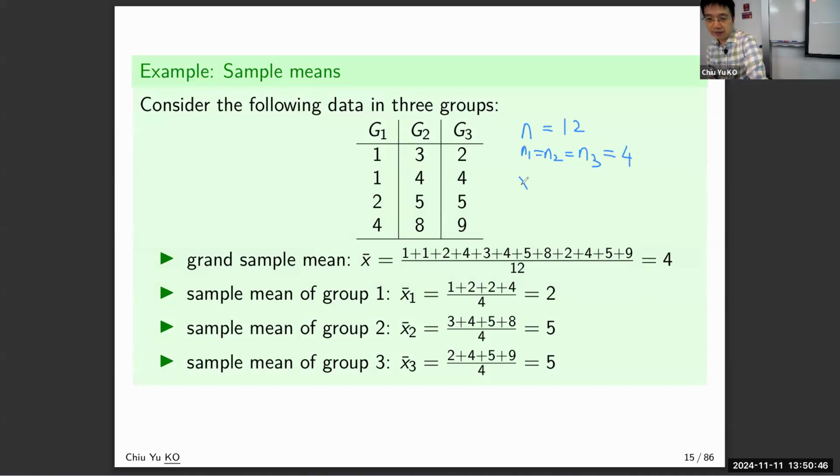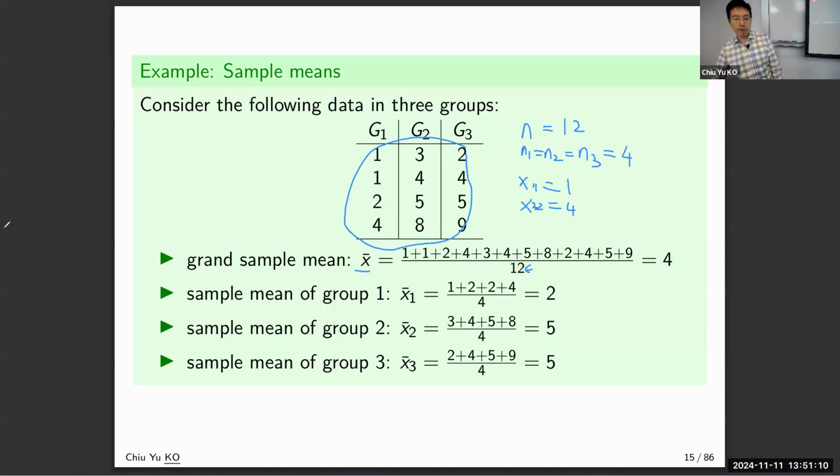And just as an example, X11 is 1, and X22 is 4, in case you don't understand the formula. I hope this explains what the formula is. The notation, you can write down everything there. And the grand mean is very simple: just add up all of them and divide by 12, which is n.